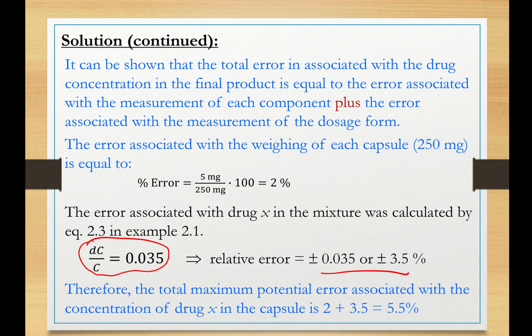So that error on a balance, and you have to accept this statement now, is additive to the error that we have calculated before. And of course the proof is already published in the literature, so you can take a look if you wish to. But the error associated with the measurement of each capsule is calculated using equation 1.5.